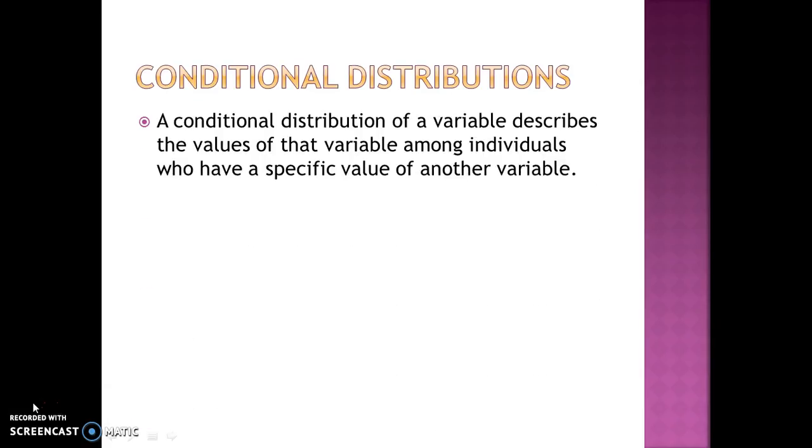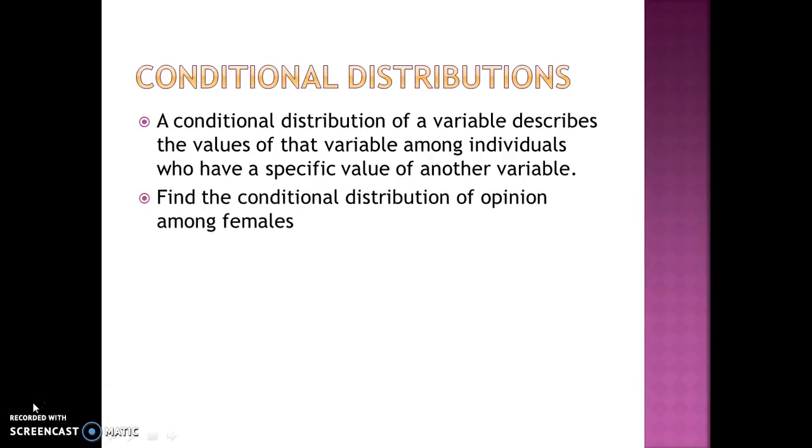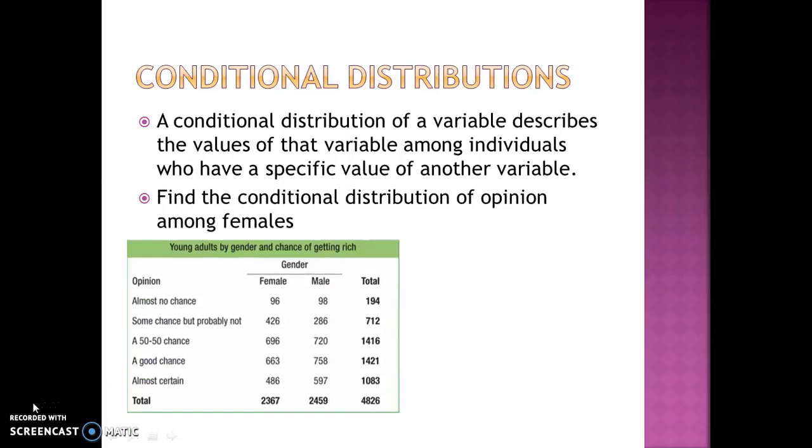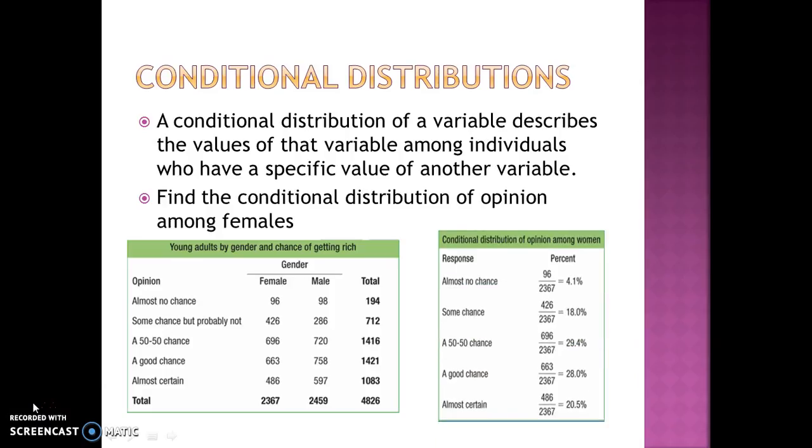Conditional distribution. A conditional distribution of a variable describes the values of that variable among individuals who have a specific value of another variable. So can you find the conditional distribution of opinions among females? Here's my chart again, and if I just wanted the conditional distribution of opinions among females, I'm basically going to cover up the male column of this chart, and now I'm just looking at the female totals.